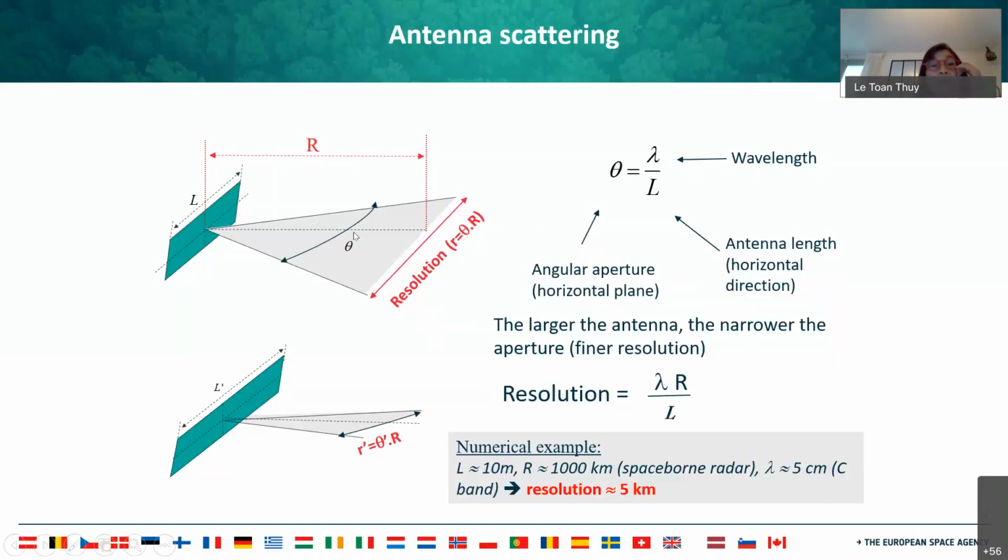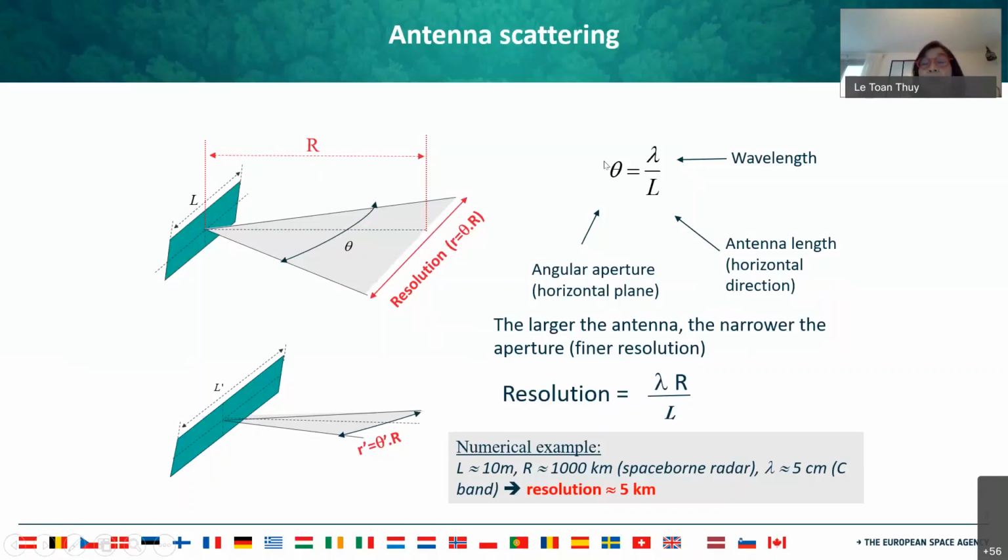And with the theory of radar antenna, here you have the antenna, the length is L, and you have the angular aperture of the antenna, theta, and theta is given by this formula: wavelength over the antenna length in this horizontal direction.